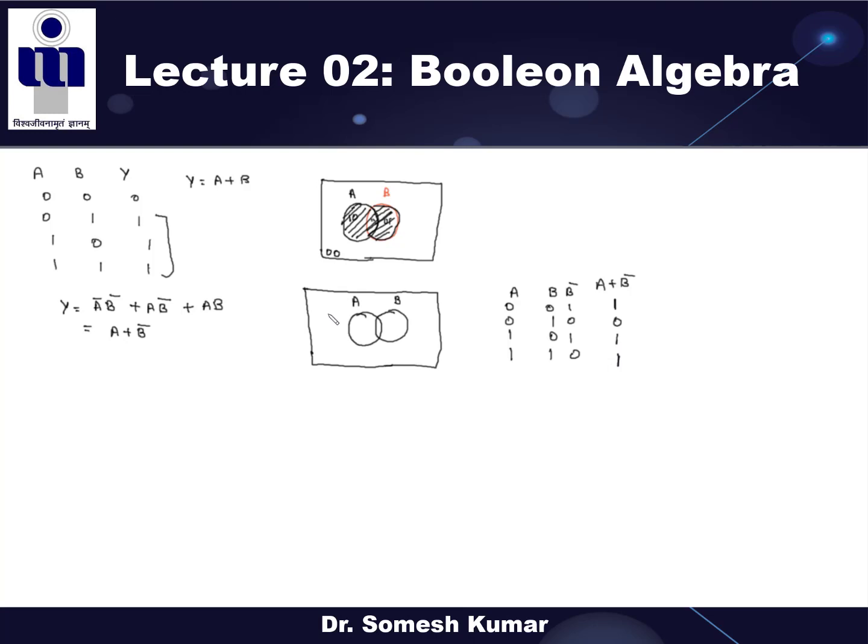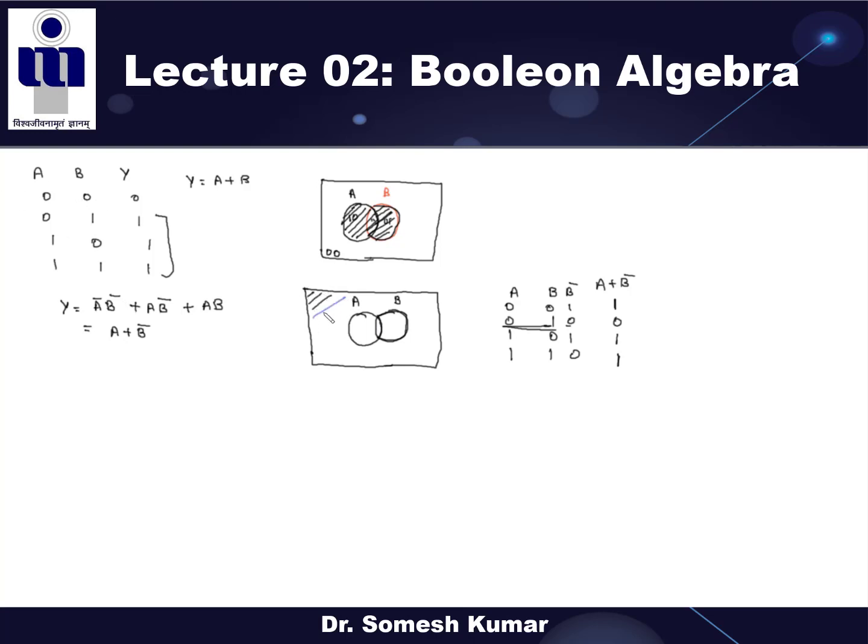Now tell me, now you can tell. All combinations are 1 except this combination 0 1, and which one is 0 1? This one is 0 1, no? Right? This one is 0 1. So I can say all the area except this.